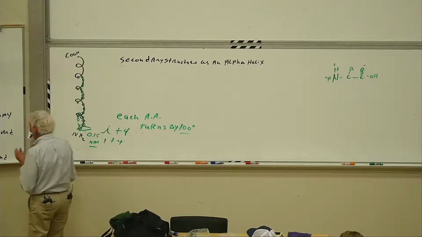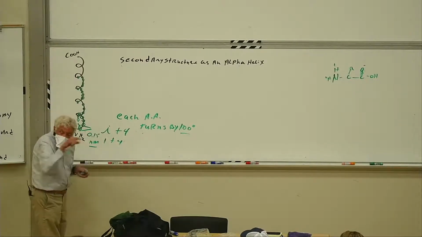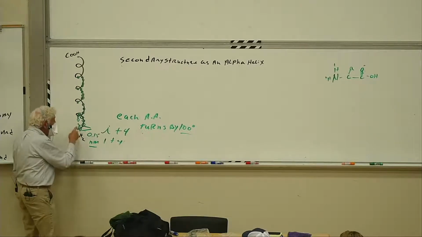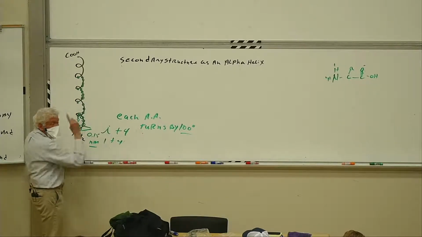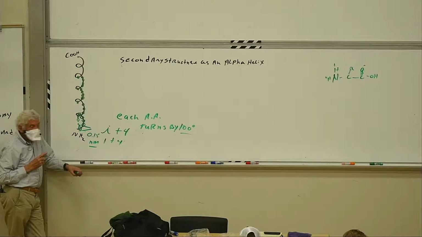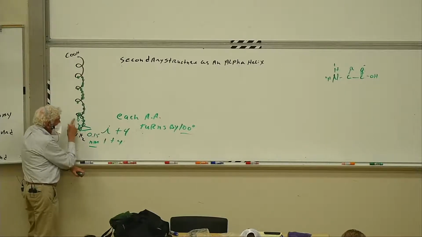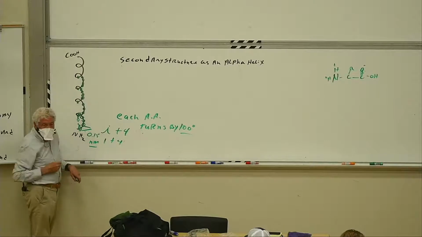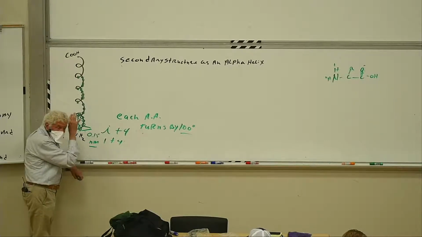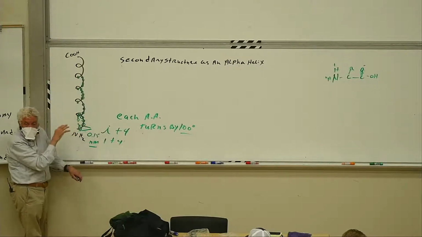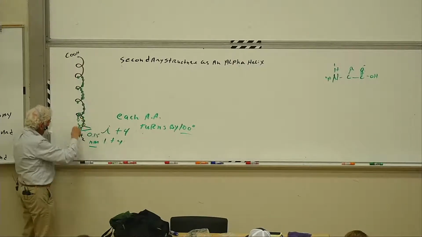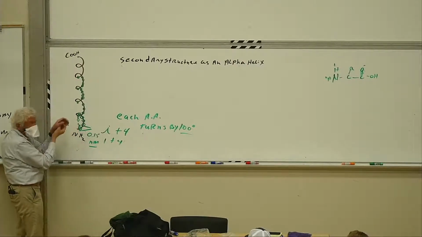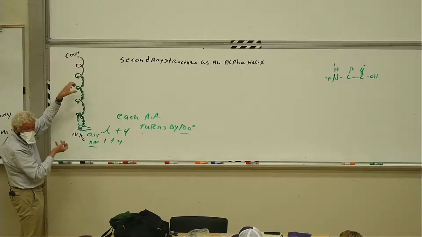Take the next step, turn 90 degrees plus a little more, and 3.6 amino acids takes us around a full circle. And then they're hydrogen bonded in the I+4 arrangement. That's how we get this spiral staircase, and this is a reasonably stable structure. It's stable because the hydrogen bonding within the molecule is holding it into the structure.